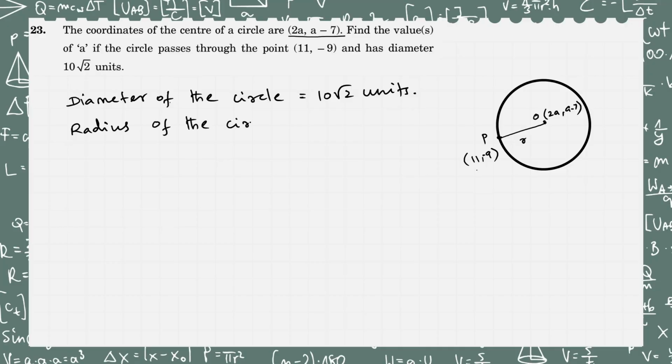Radius of the circle equals 10 root 2 divided by 2. We can cancel this 2 and 10, right? So 5 root 2 units is the radius of the given circle. Now we need to find the distance between O and P using the distance formula and equate that to this radius, correct? So OP equals 5 root 2 from the figure.